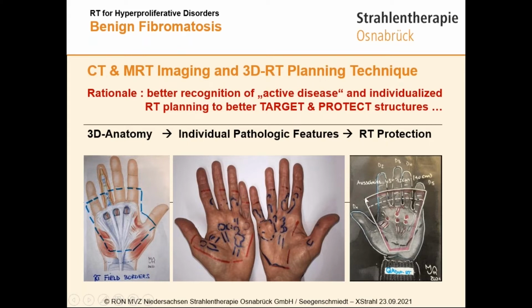Typically, a field of 10 or 12 centimeter length and with an angulation of about 60 degrees will be sufficient to cover the D2 to D5 area, avoiding the wrist, avoiding the muscles, and avoiding the distal segments of the finger.